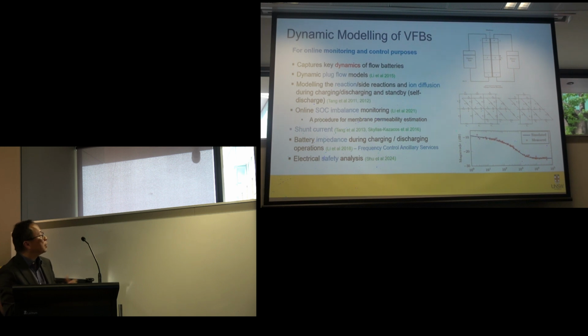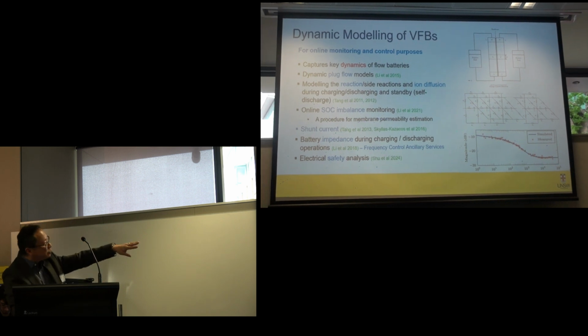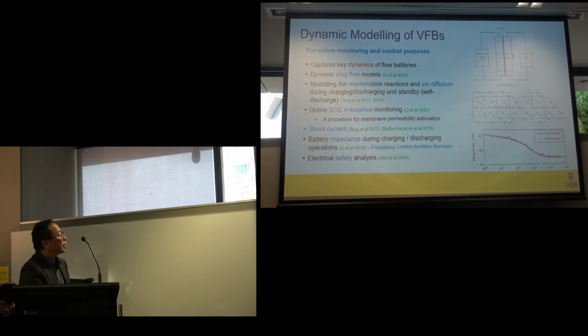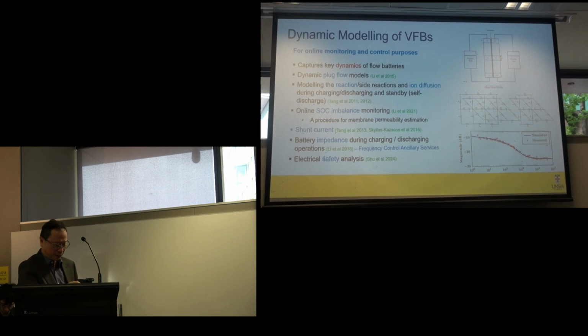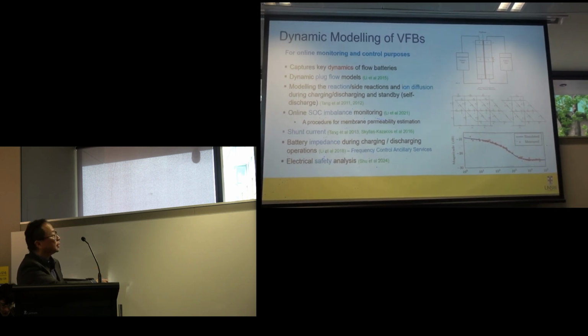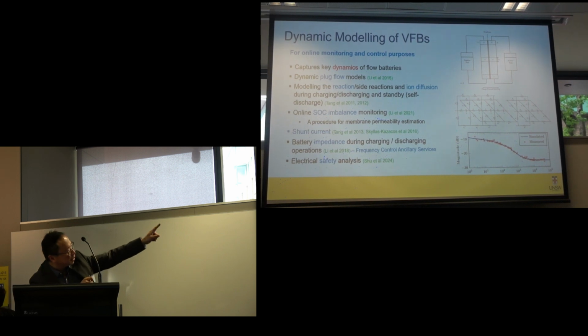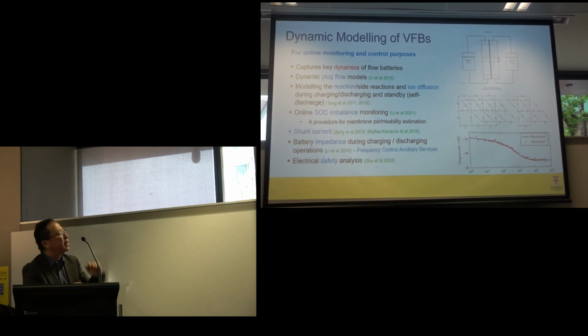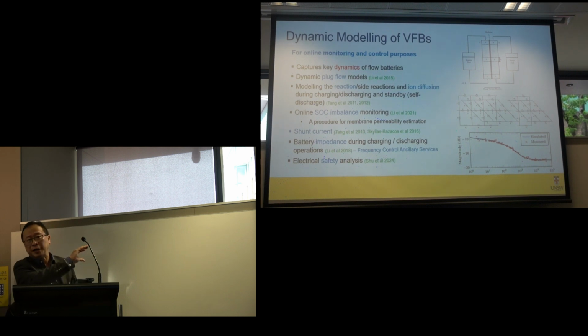And we also look at the battery impedance during charging and discharging, not the small voltage, but the large current. And these are some results we've seen over there, and it's quite interesting if you look at the bottom diagram. It shows the impedance of the battery at different frequencies.